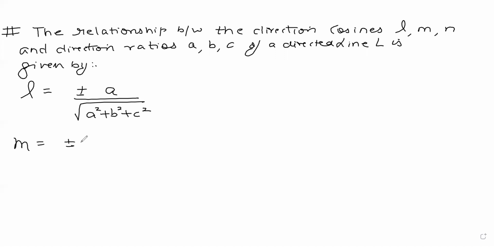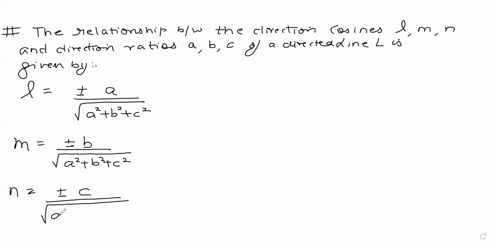M is equal to plus minus B upon the square root of A square plus B square plus C square. N is equal to plus minus C upon the square root of A square plus B square plus C square. This gives us the relationship between the direction cosines L, M, N and direction ratios A, B, and C.